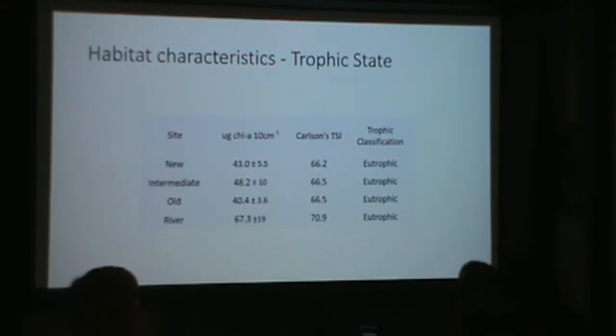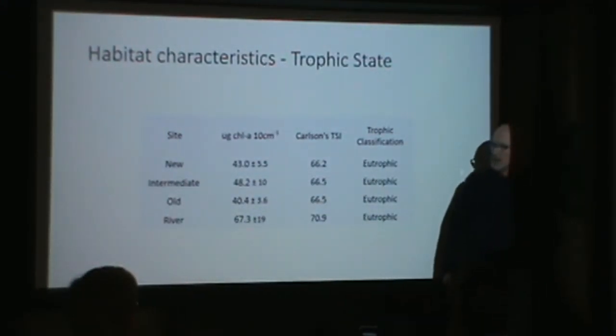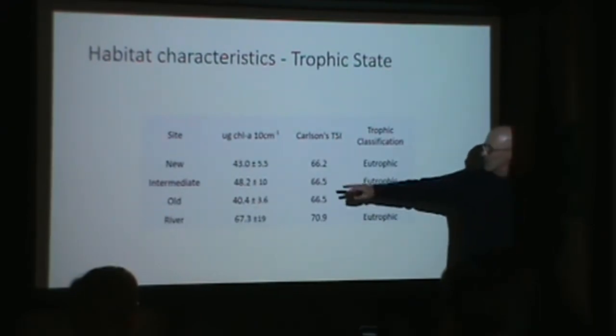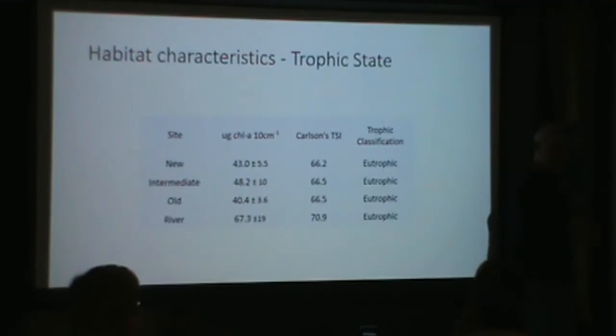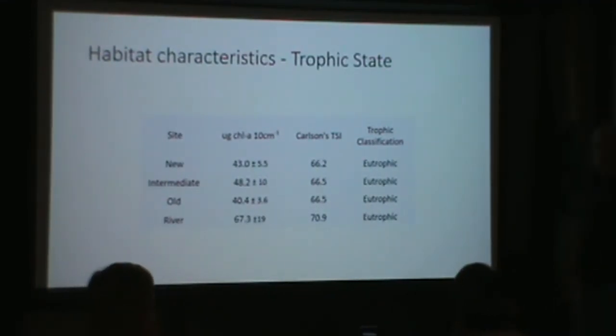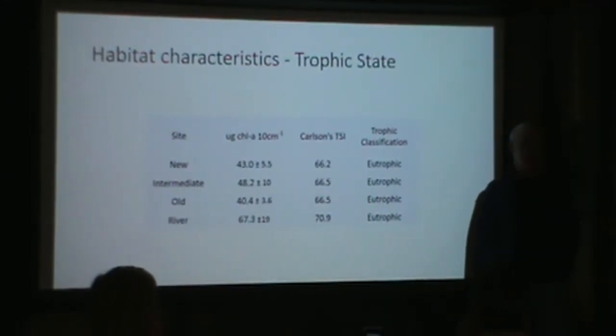It's a very clever index, a little formula based on this concentration, and there is a classification. Depending on the value you get, you can classify the trophic state of the water body. As you can see, they are all in the category of eutrophic.